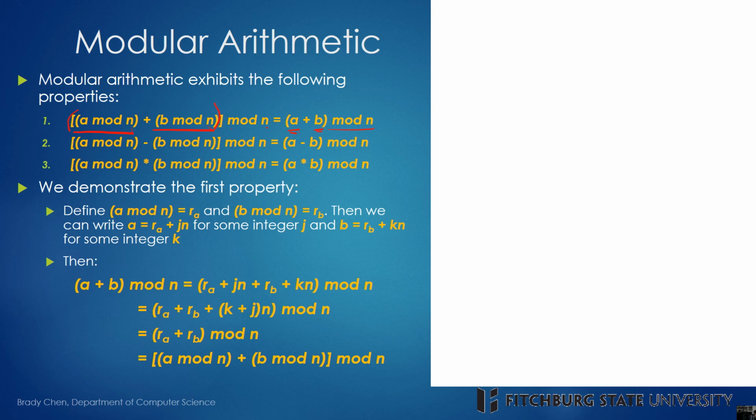So if I want to evaluate A plus B mod n, I can first evaluate A mod n and B mod n, then add these two and then mod n. Also, (A mod n minus B mod n) mod n equals (A minus B) mod n. Also, that applies for multiplication: (A mod n times B mod n) mod n equals (A times B) mod n.